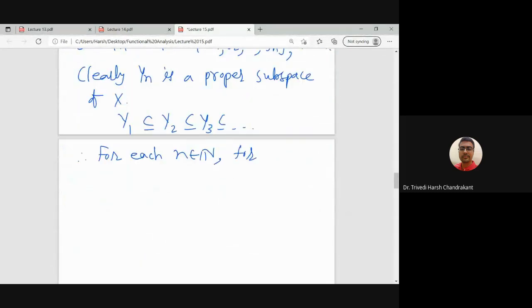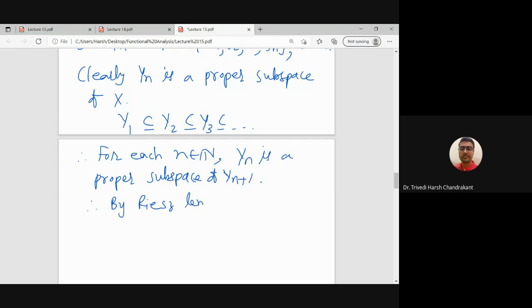So for each n belonging to N, Yn is a proper subspace of Yn plus 1. Therefore, by Riesz lemma, for r equal to half, there exists xr belonging to the bigger space Yn plus 1.